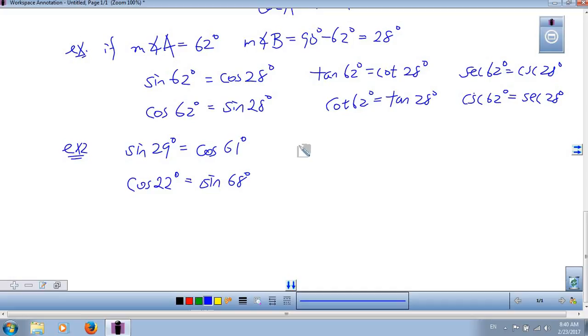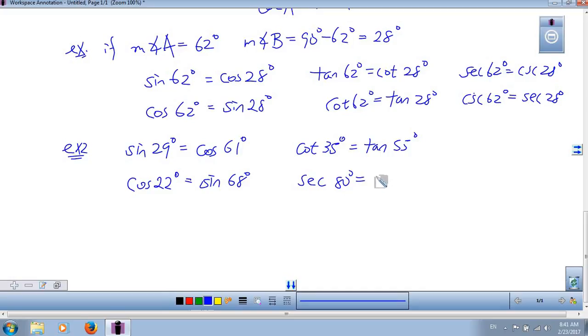What about cotangent of 35 degrees? Well, cotangent of 35 degrees should be equal to tangent of, let's see, 65 degrees? No, actually it's 55 degrees. Yeah, 55 degrees. Let's try another one. What about secant of 80 degrees?